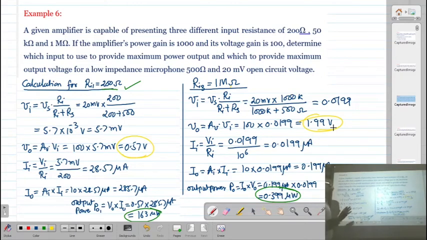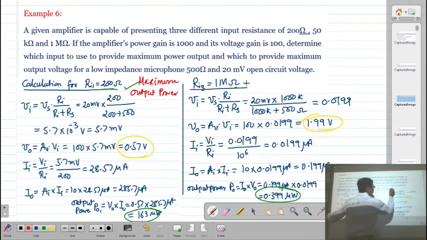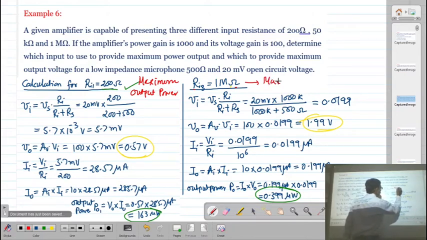Correct? So this 200 ohm resistance I have to use for a maximum output power, and this input resistance I have to use for a maximum output voltage.